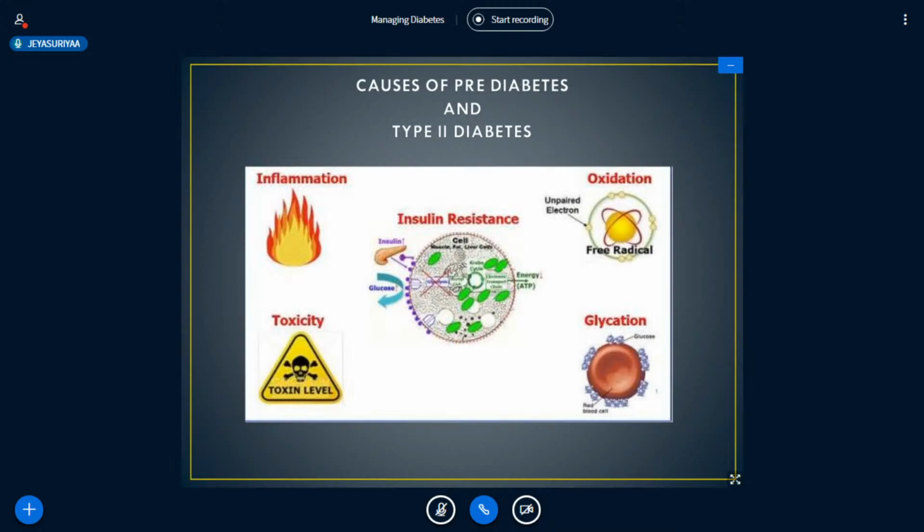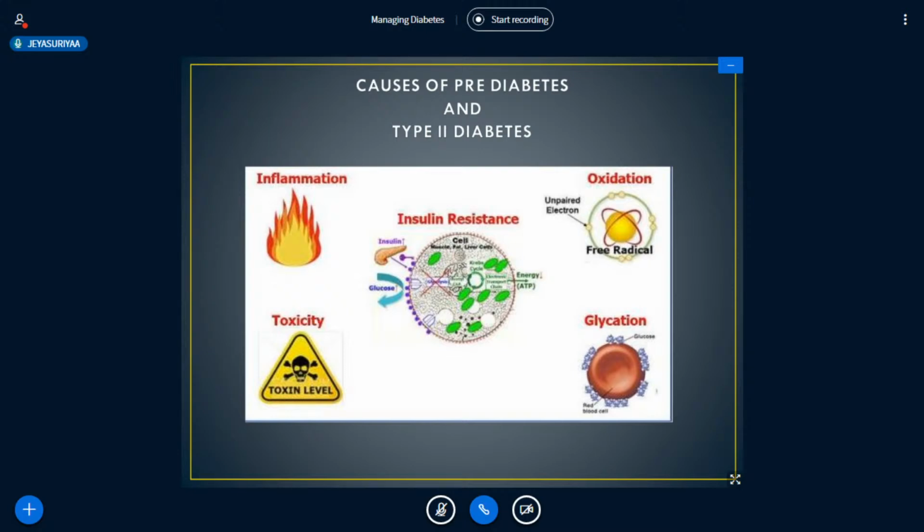Now, coming to the causes of pre-diabetes and type 2 diabetes. In pre-diabetes, which can lead to type 2 diabetes, and in type 2 diabetes, our cells become resistant to the action of insulin, and our pancreas is unable to make enough insulin to overcome the resistance.